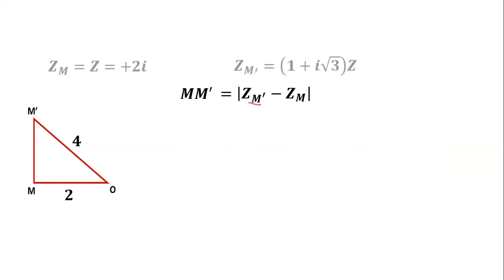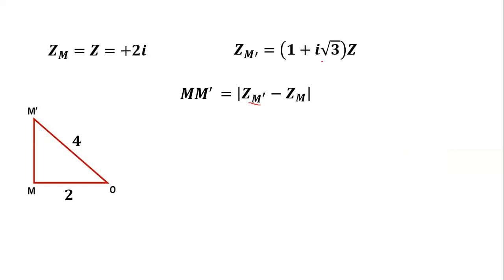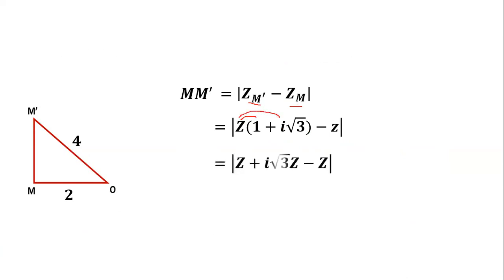Z of M prime is given as 1 plus i radical 3 times Z, and Z of M is equal to Z. I am going to distribute Z. Z times 1 gives Z, Z multiplied by i radical 3 gives i radical 3 Z, minus Z. Z minus Z cancel each other.